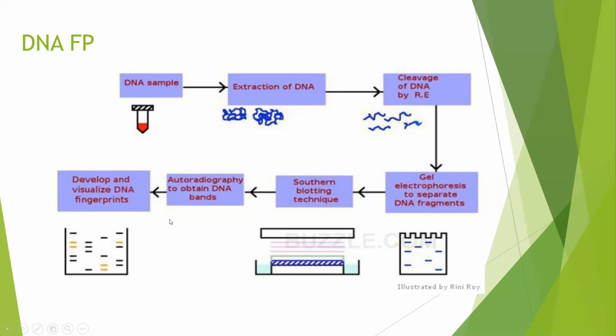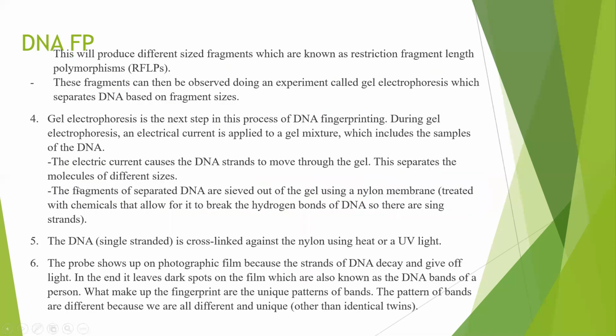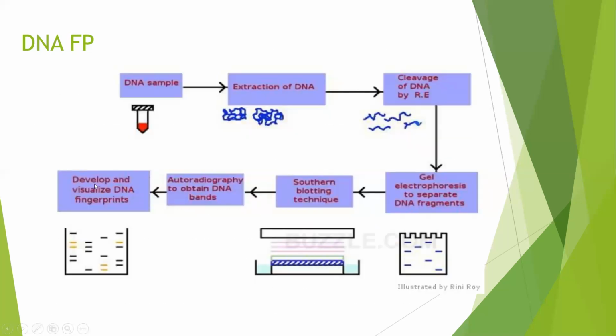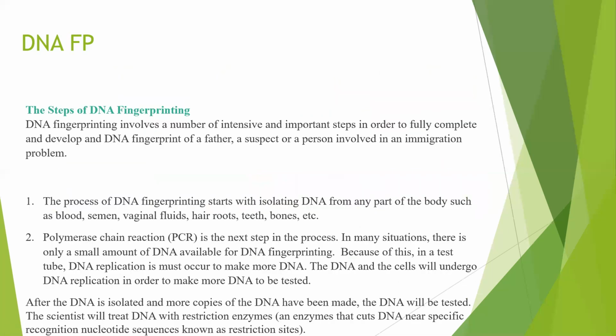Next, developed and visualized DNA fragments. Sorry, X-ray film to develop autoradiograph. It reveals the specific DNA bands. This is the DNA fingerprints. Any doubts? These are the steps of DNA fingerprinting.